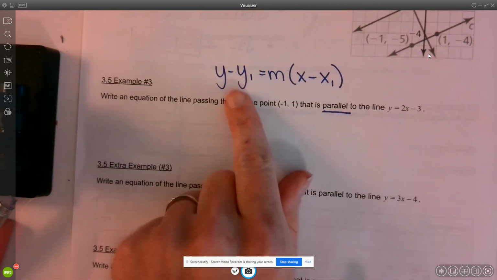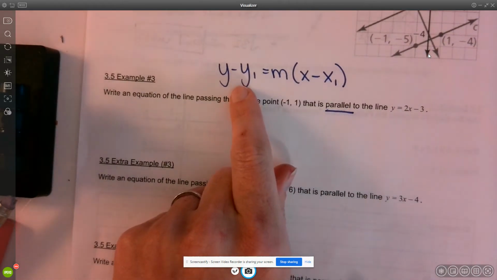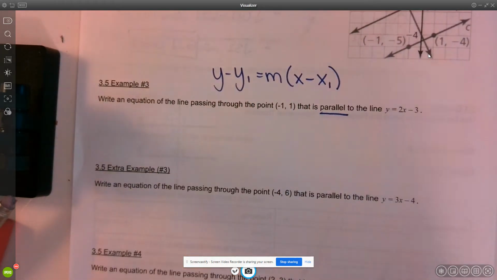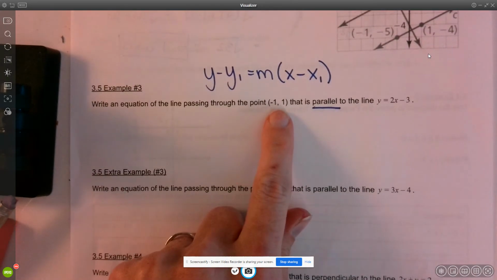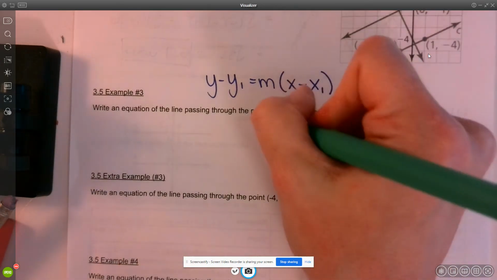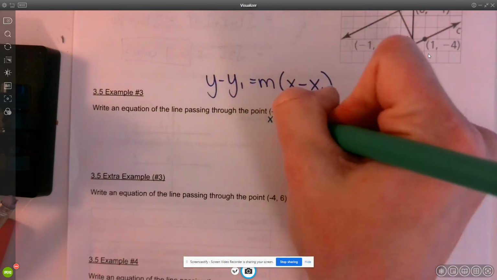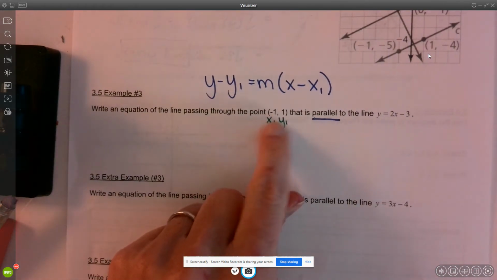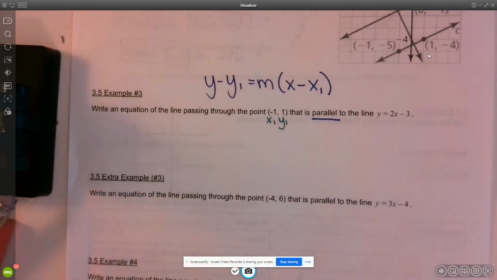We need to know, using our point slope formula, the slope of our line, and a point on the line. The good news is they give us a point that our line needs to go through. So I'm going to label this point x1, y1. My x and y coordinates of this point, I will use to plug into my point slope formula.